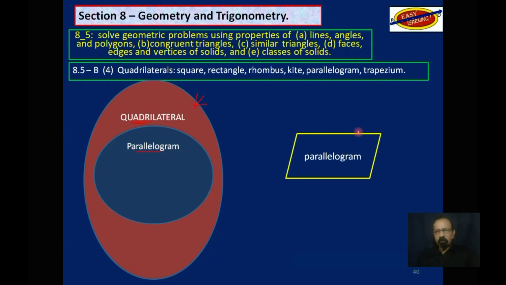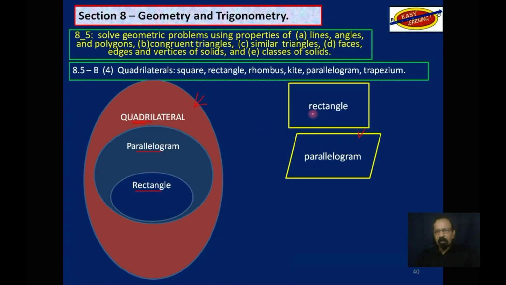So a parallelogram looks like this. Within parallelograms, you have rectangles, which look like this. So a rectangle is a special type of parallelogram. But within rectangles, we also have squares, which look like this. We will discuss the properties of these in detail in a little while.